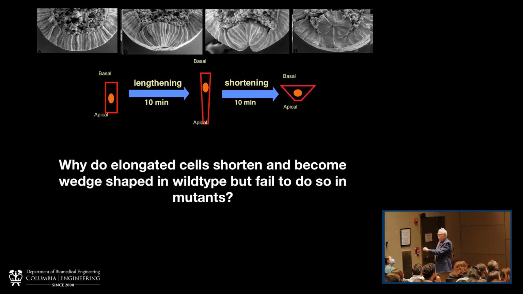We can block myosin accumulation, or folded gastrulation blocking the first phase, but we can't block the second phase.